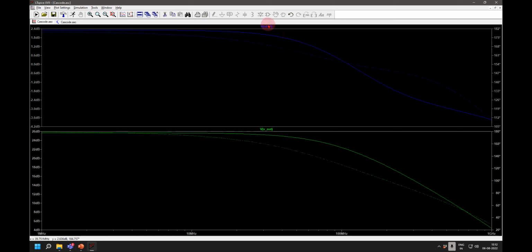So this cascode amplifier has got a much higher bandwidth as compared to the CS amplifier, right?